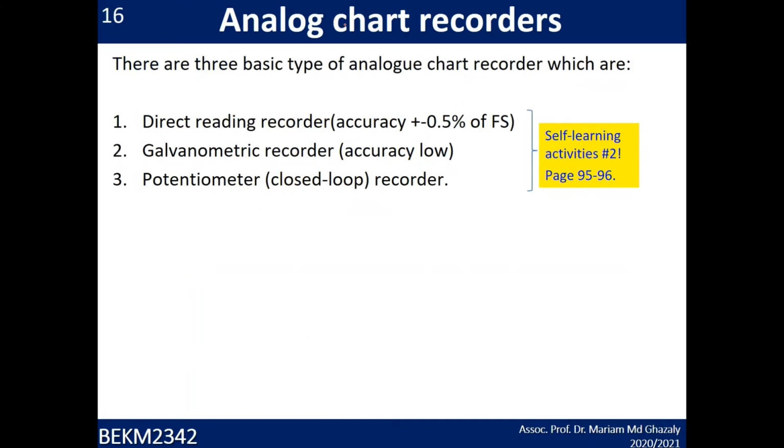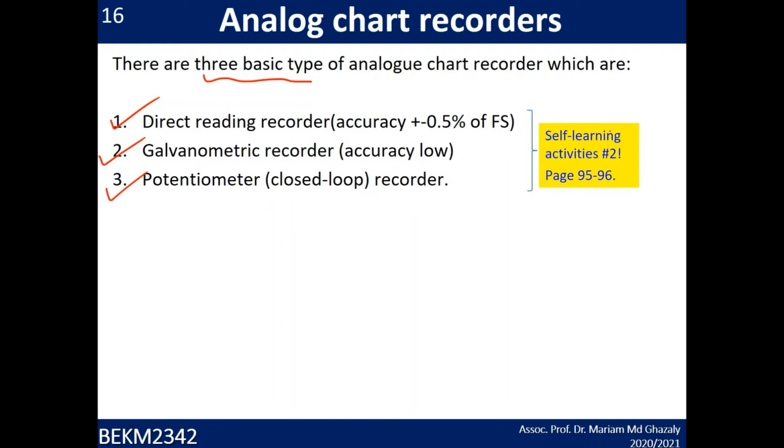Other than the digital voltmeter and analog voltmeter, there is another type of display, the analog chart recorder. Basically there are 3 types of analog chart recorder: the direct reading recorder, the galvanometric recorder, and the third one is the potentiometer recorder.